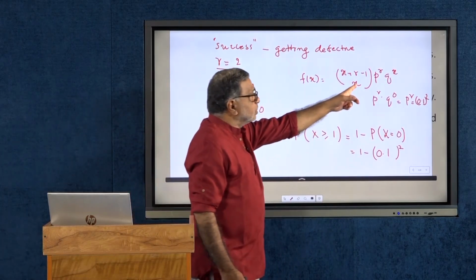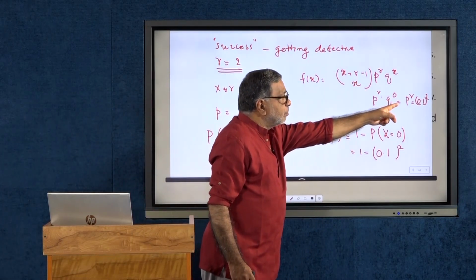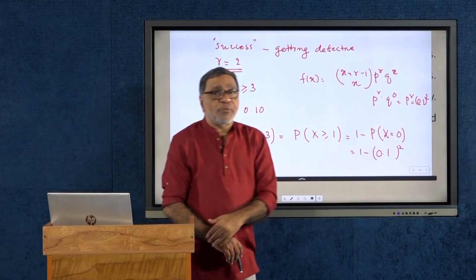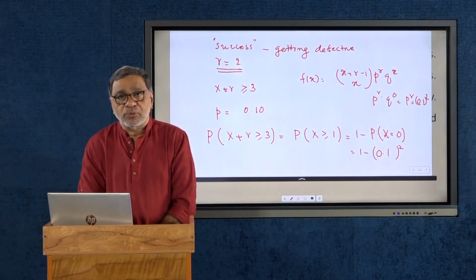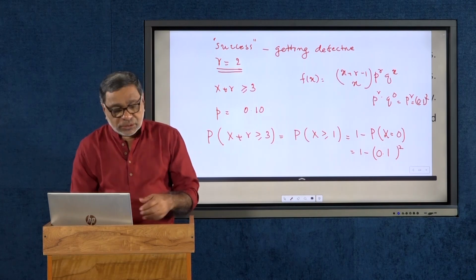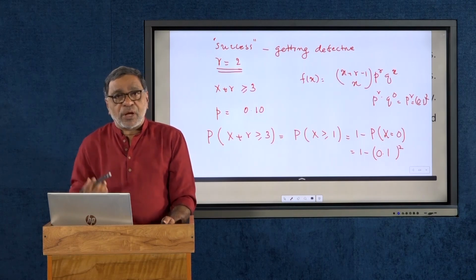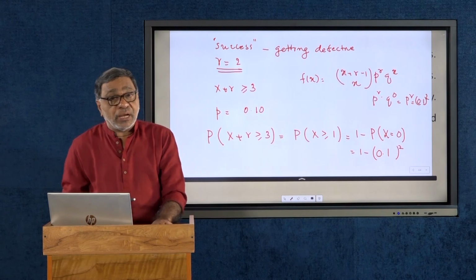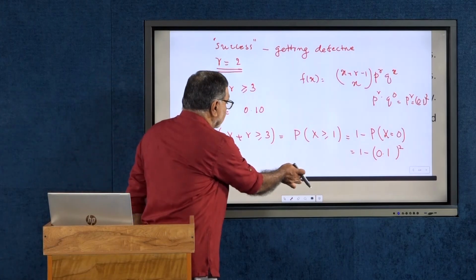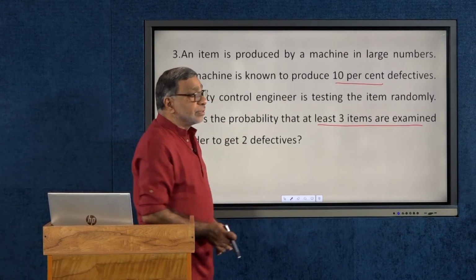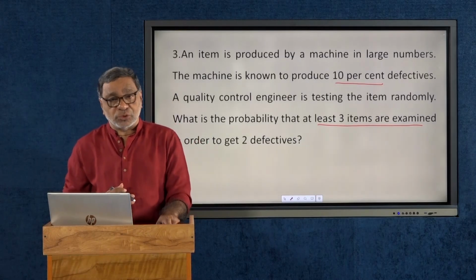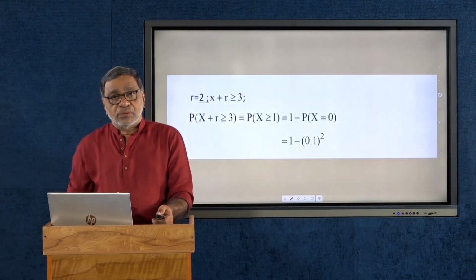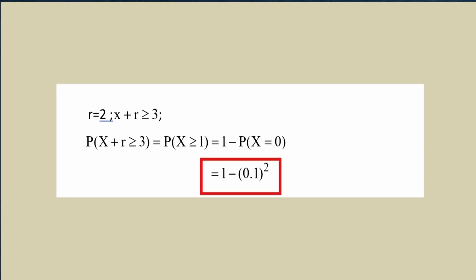So, when x is equal to 0, this value becomes p power r, that is 0.1 power r, and r is equal to 2, so it is 0.1 square. So, this is the probability value of verifying at least 3 items in order to get 2 defectives. This probability value is equal to 1 minus 0.1 the whole square. Okay, this is the case.